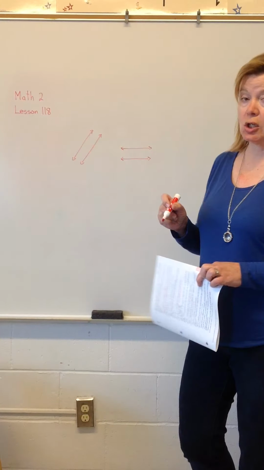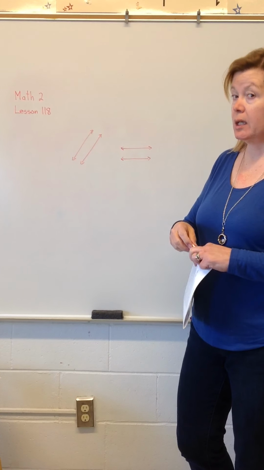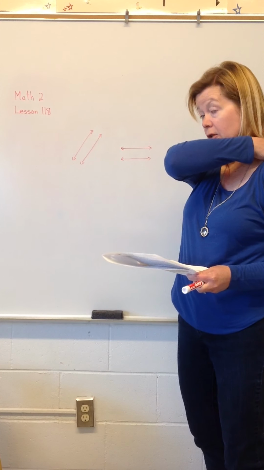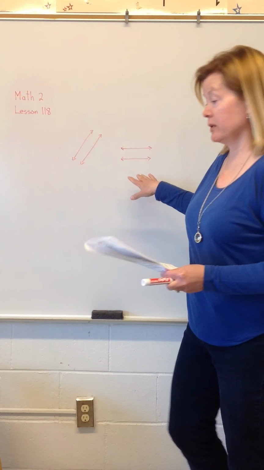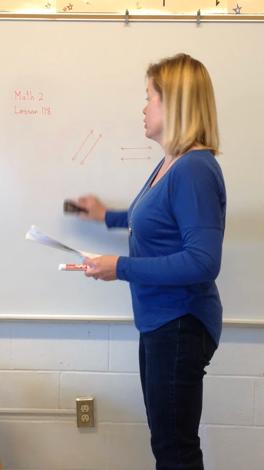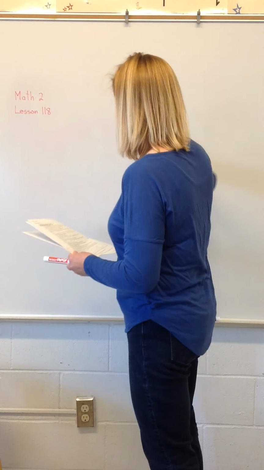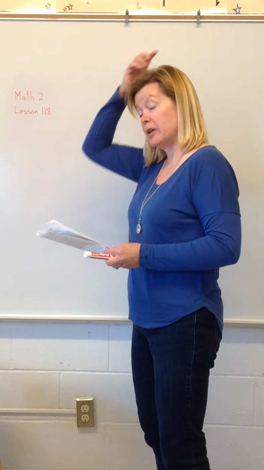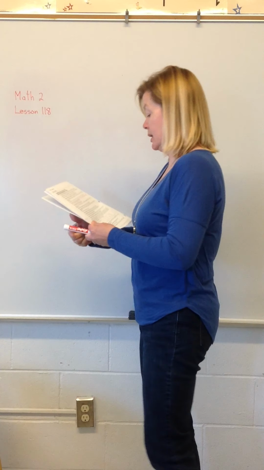So we need to talk about intersecting line segments today, and perpendicular line segments. So I'm going to erase this and draw a couple of examples for you of the others. So there are special types of intersecting line segments.